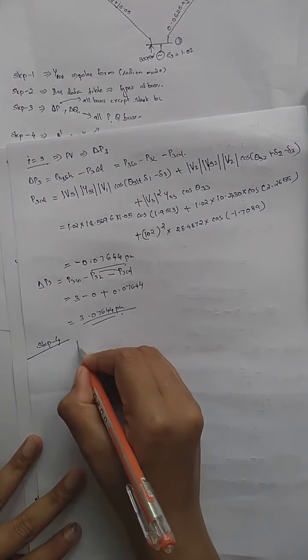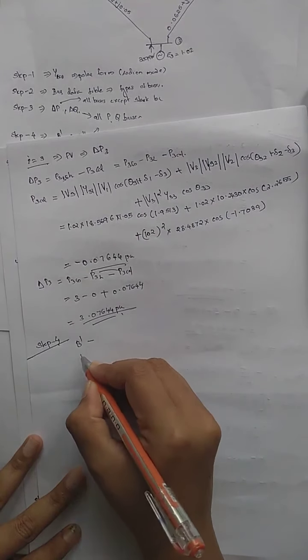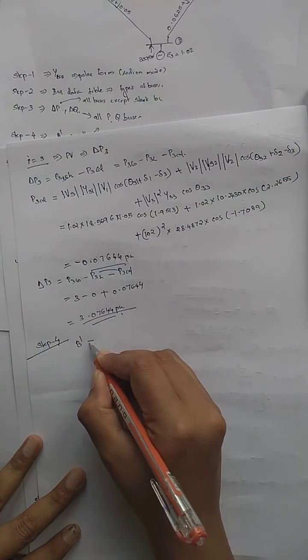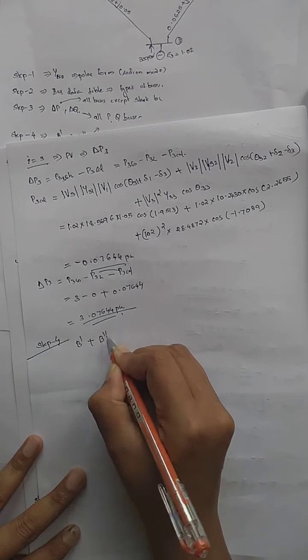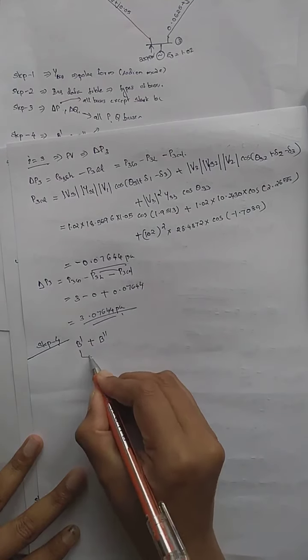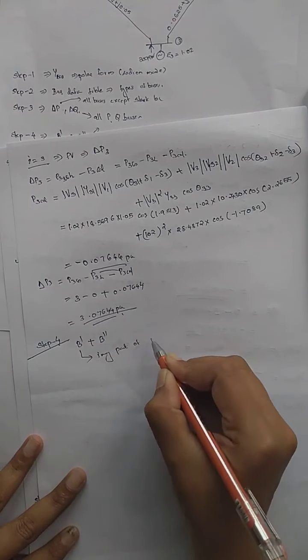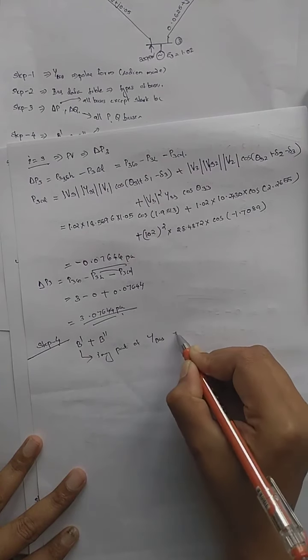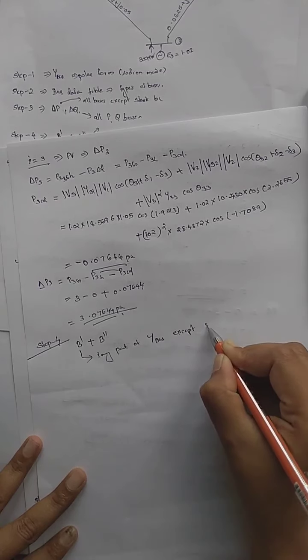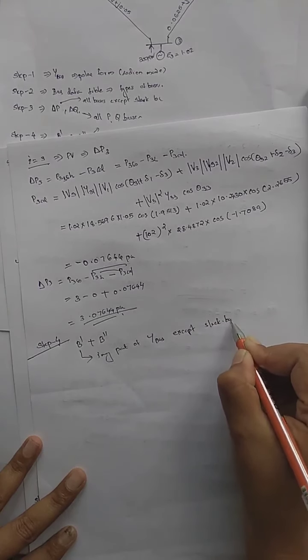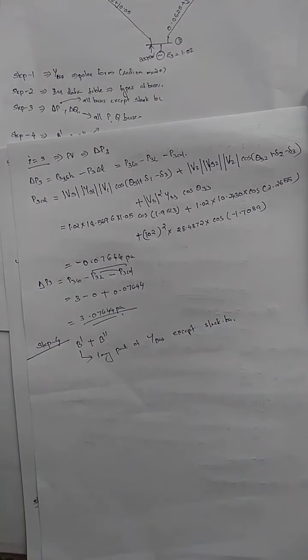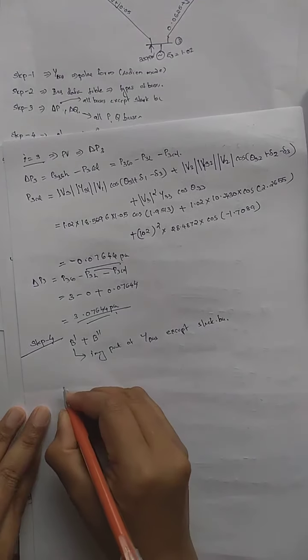In step 4 we have to find the B dash and B double dash matrices. What is B dash? B dash is the imaginary part of our Y bus except the slack bus, isn't it? So I am going to find my B dash.